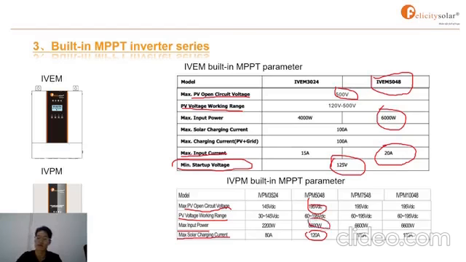So for the different current, the power is also different. It's 6,600. Yeah, so that's all for the MPPT of Felicity Solar.